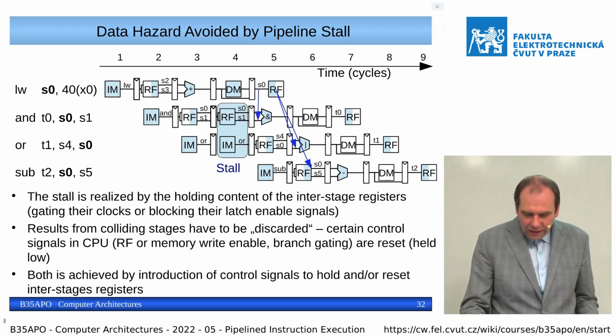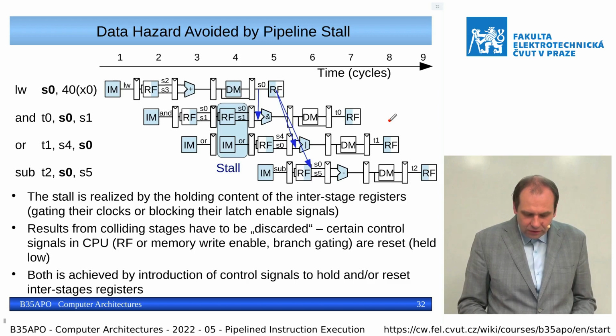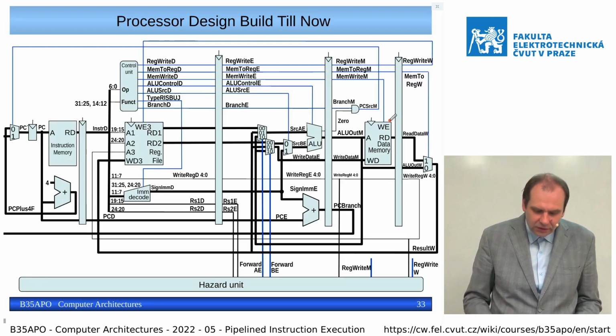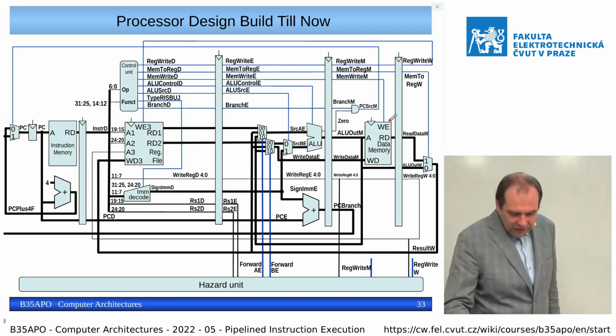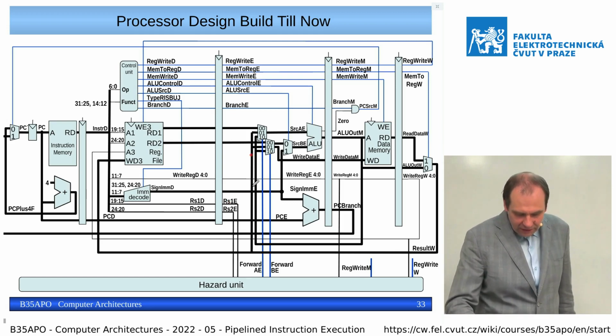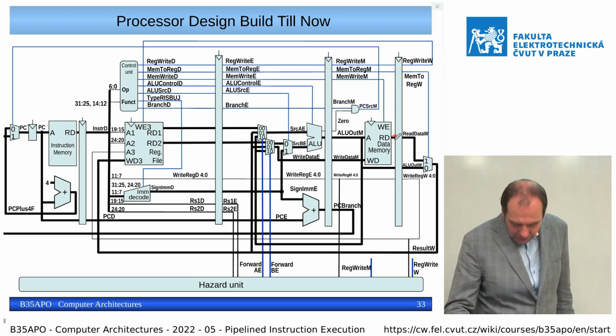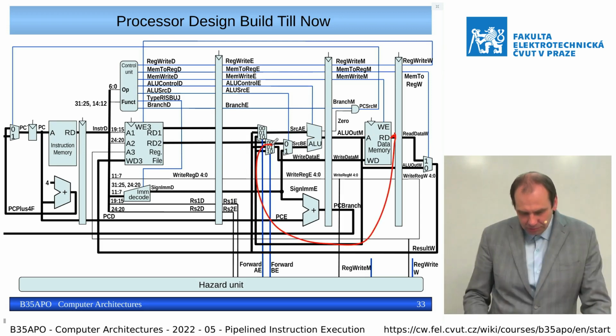So we can look at it again on the simulator and on our design. Basically, this is our previous design, which can resolve the forwarding. But in this case, this kind of forwarding from here to there is not possible.